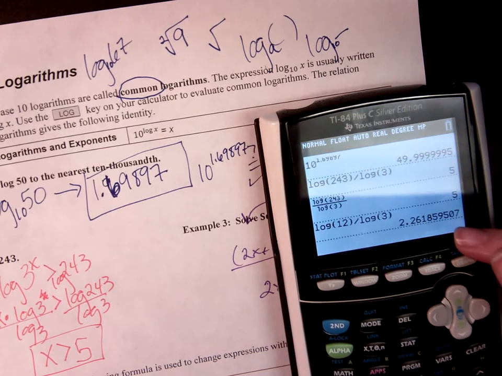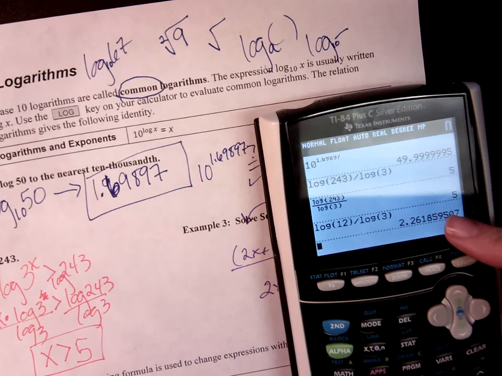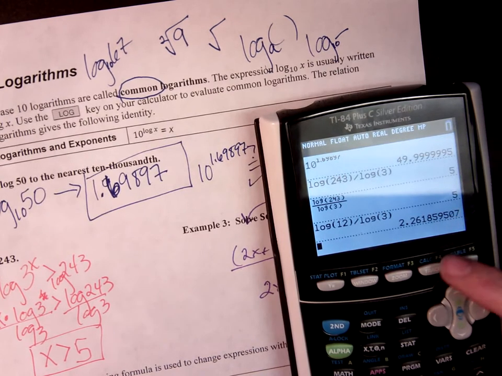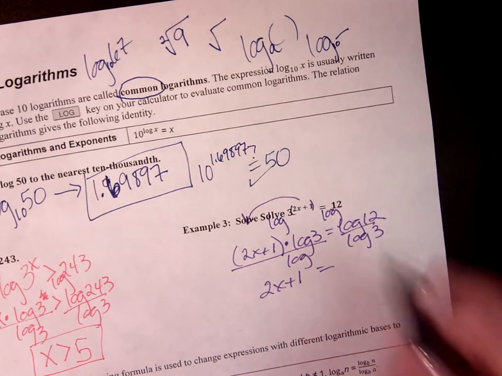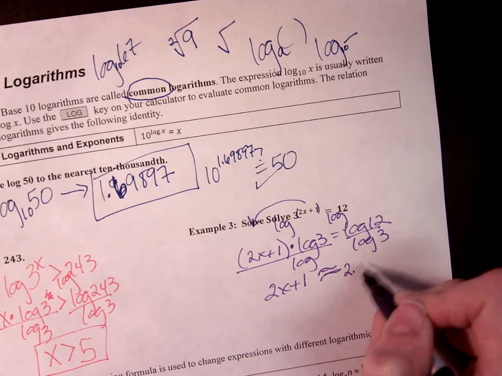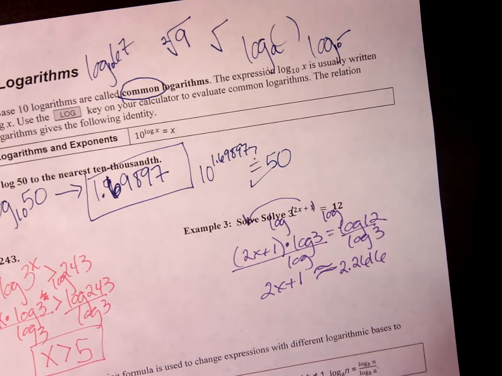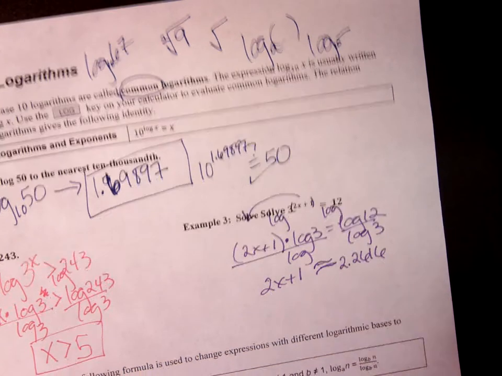Here's where care with carrying the extra places will make a difference. Okay? 2 point, and at this point it becomes an approximation, 2.2616. And then we just keep solving.